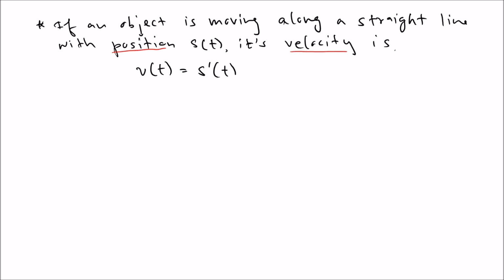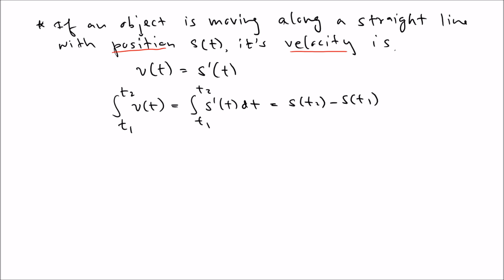So now the question is, if you integrate the velocity from t1 to t2, that is the rate of change of the displacement, s'(t), by the net change theorem. What we get at the end is s(t2) minus s(t1), the change between those two times.